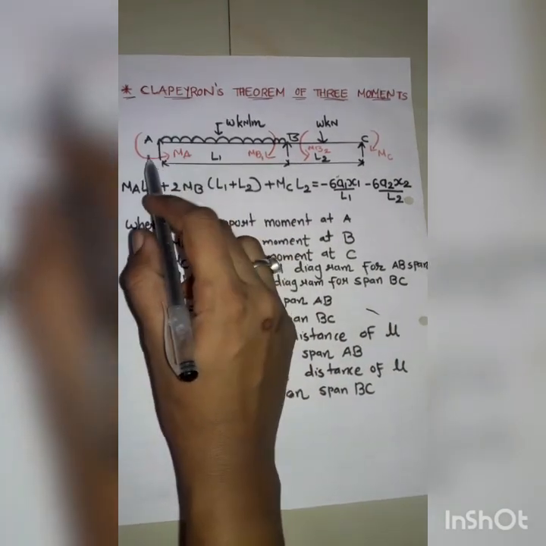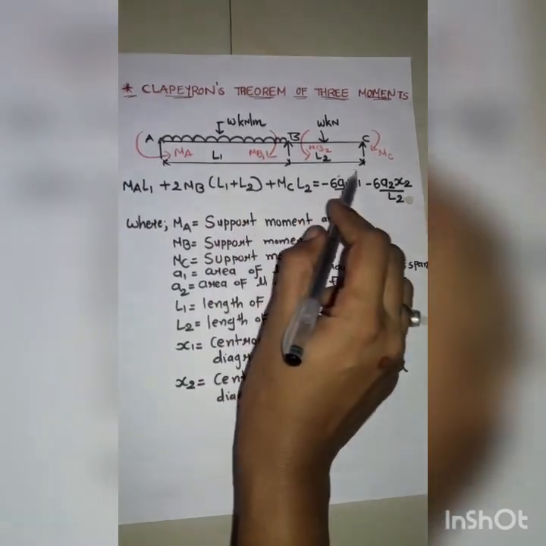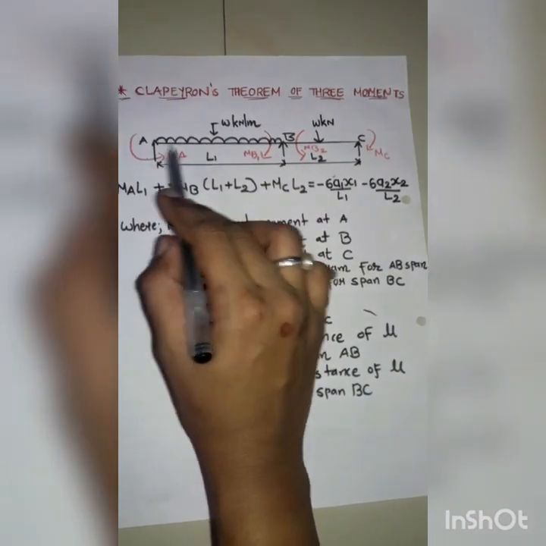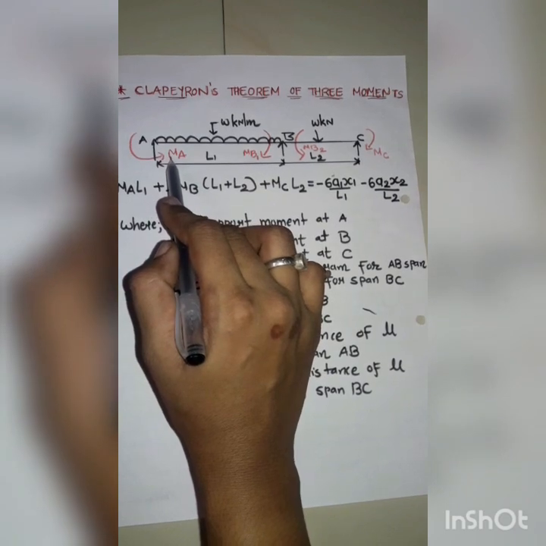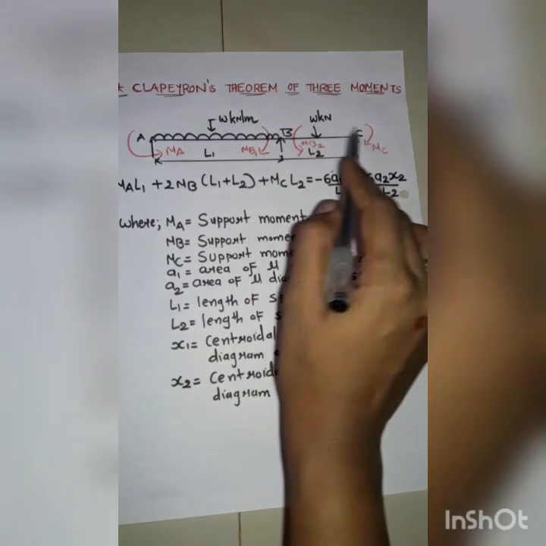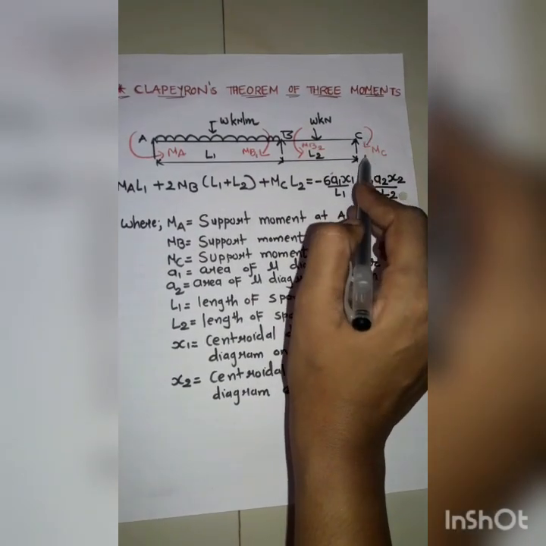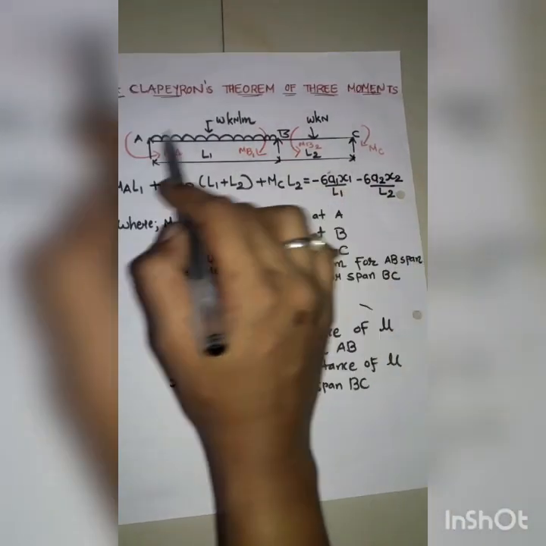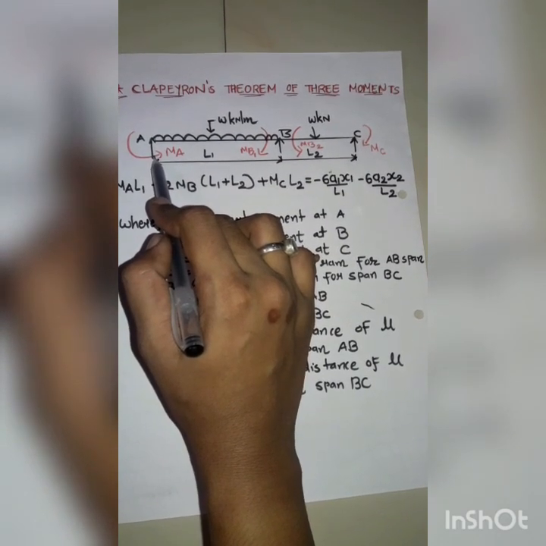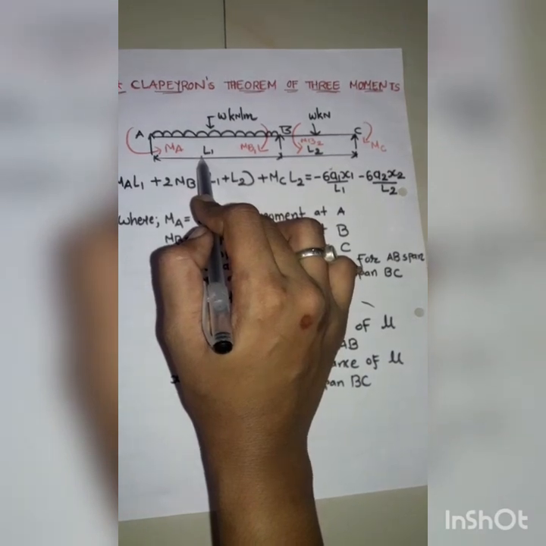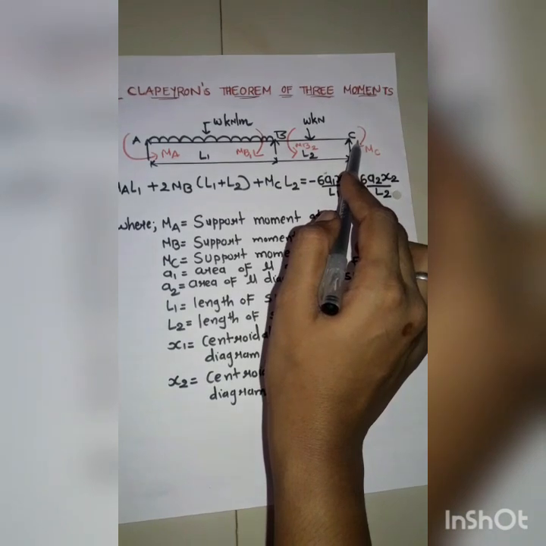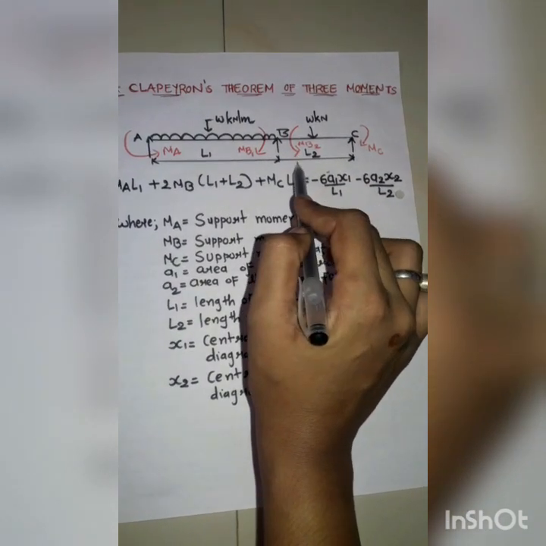Here it is the beam ABC. The moment of A is denoted by MA, and the moment of C is denoted by MC. Moment of A acts with respect to L1 distance, and moment of C acts with respect to L2.